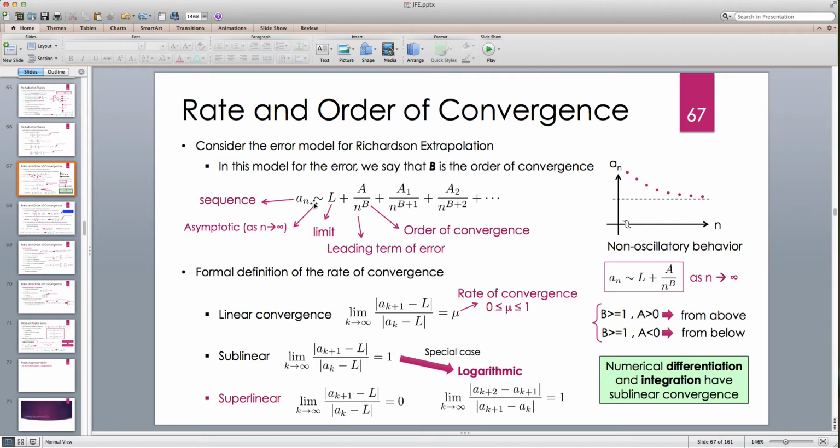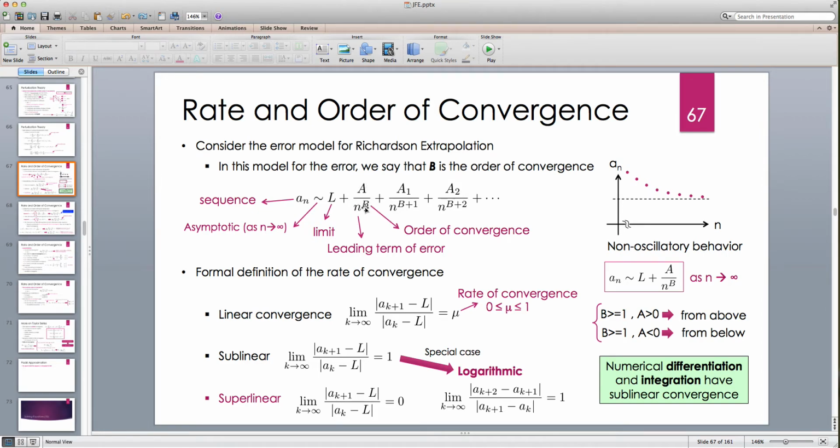All right, so in general we can write this asymptotic behavior for our sequence as n goes to infinity, similar to a limit plus some number over n to the b, plus some other number over n to the b plus 1, plus some other number over n to the b plus 2, etc. So n to the b is the lowest term in terms of the power or degree that defines the behavior of the error, right?